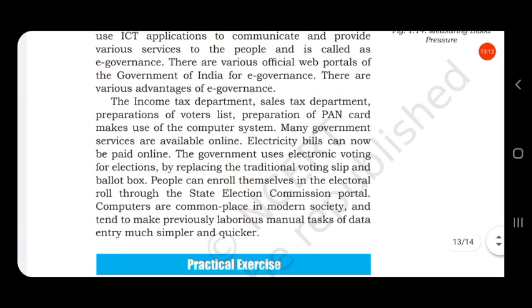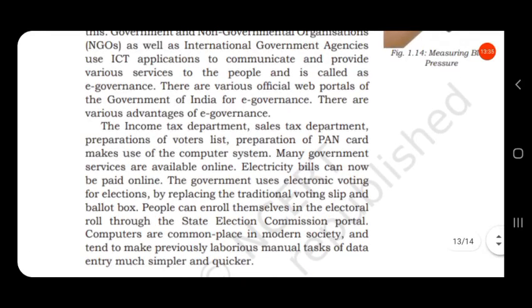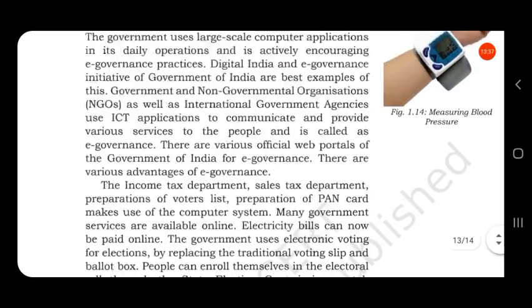Now, since computers do these laborious manual tasks that human beings performed earlier, these tasks have become much simpler and quicker. That is, within a few minutes our task is completed.